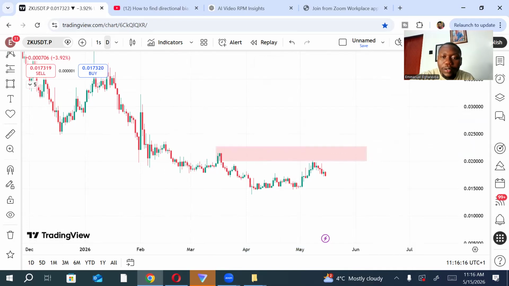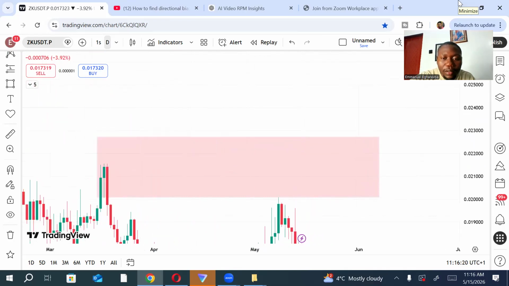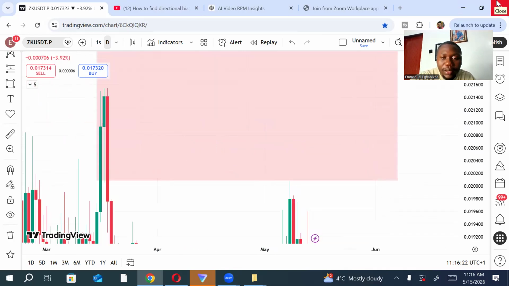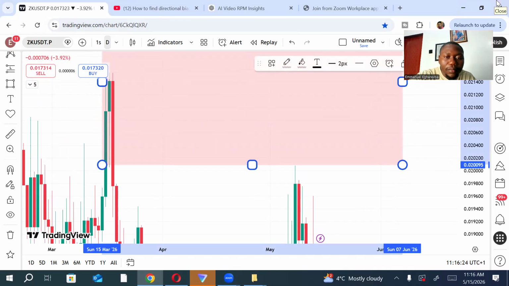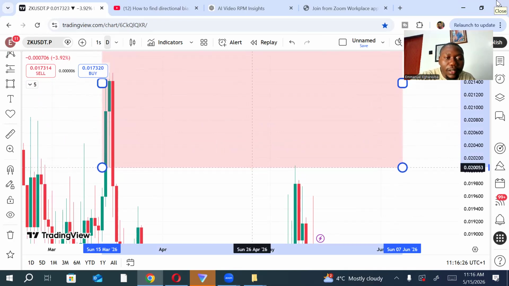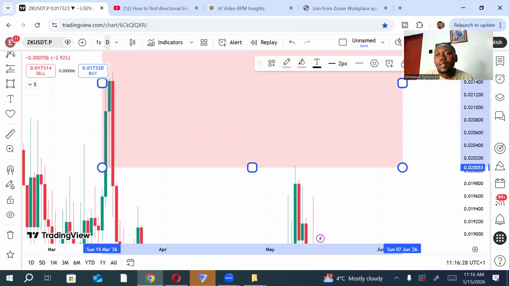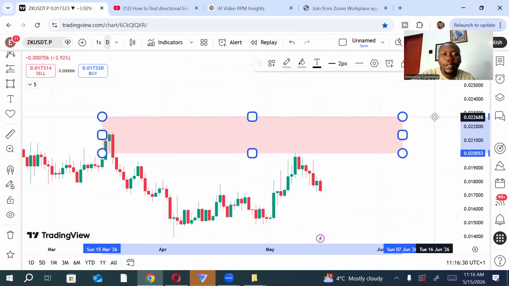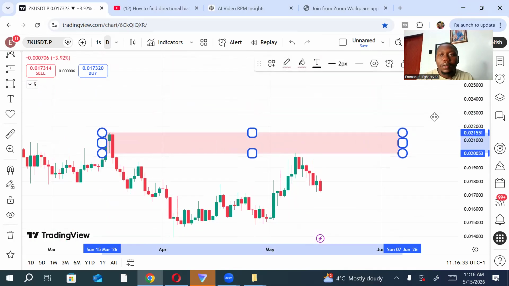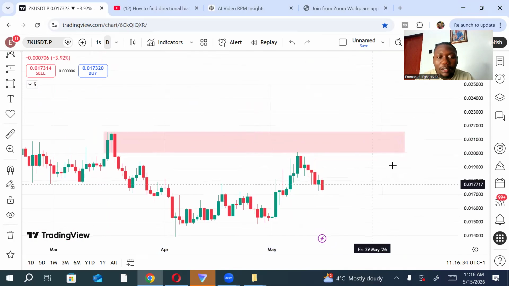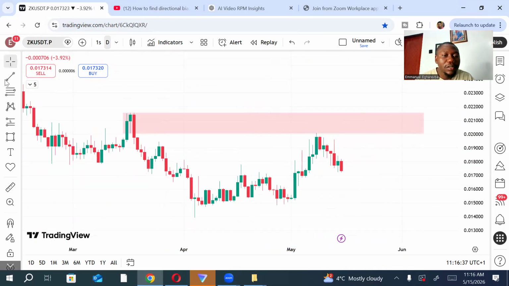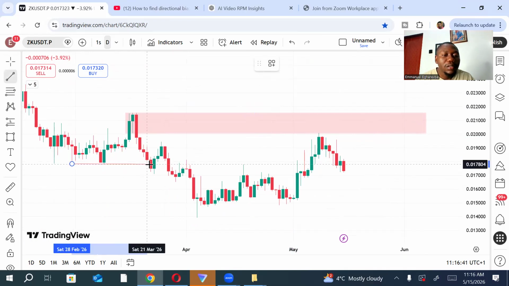Did price tap into it? It did. I think it did. Let's look at it very clearly. It did. It tapped into it. It tapped into this other block here, and it gave us structural liquidity. I love this.